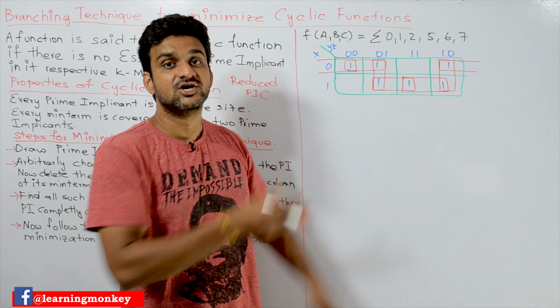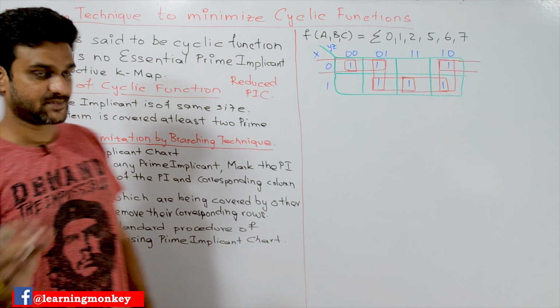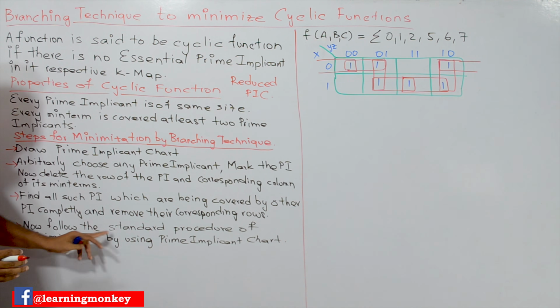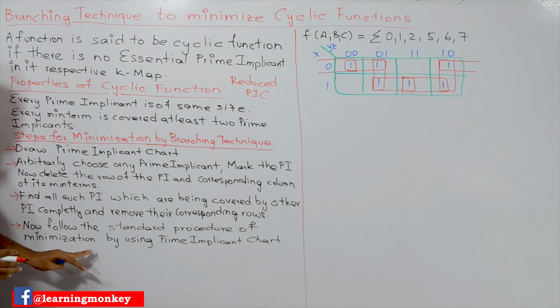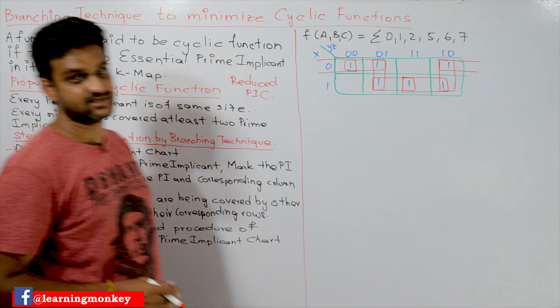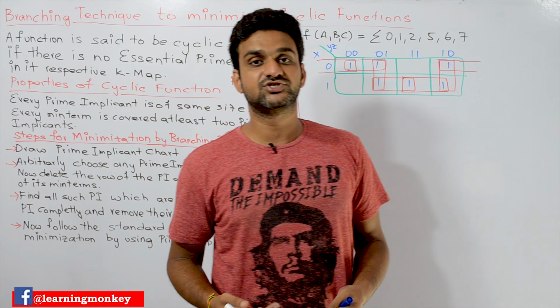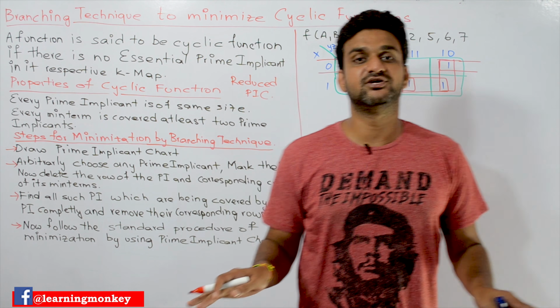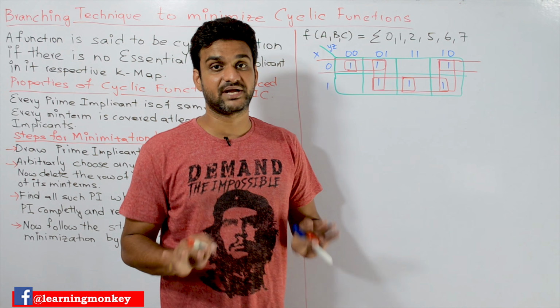If that is the case, choose those rows and delete them. After removing those rows, follow the standard procedure of minimization by using the prime implicant chart. The procedure is the same as that of minimization by using the prime implicant chart.